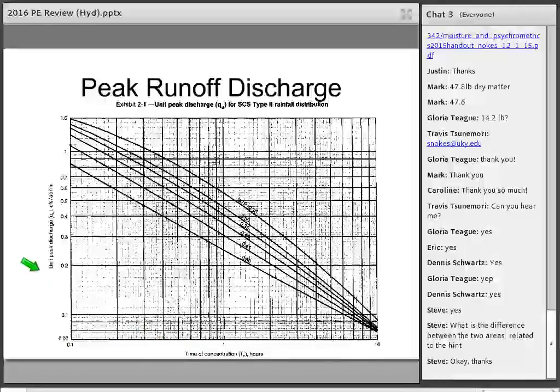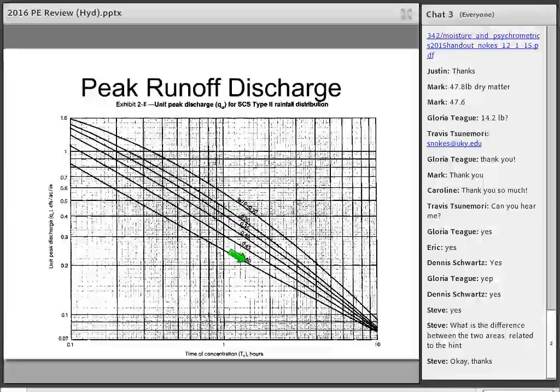You've got a unit peak discharge. Pay attention to the units now. You've got CFS per acre per inch of rainfall. Excuse me, per inch of runoff. No, it's rainfall. And then this parameter that you have to calculate.